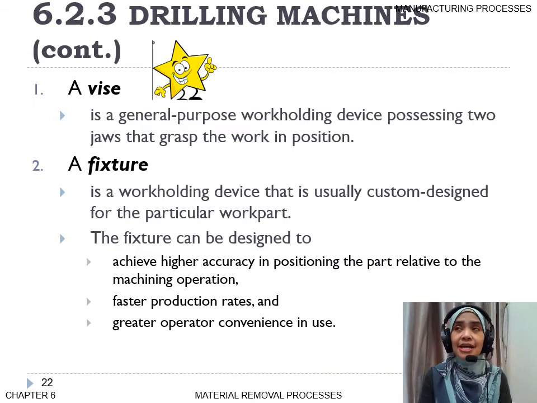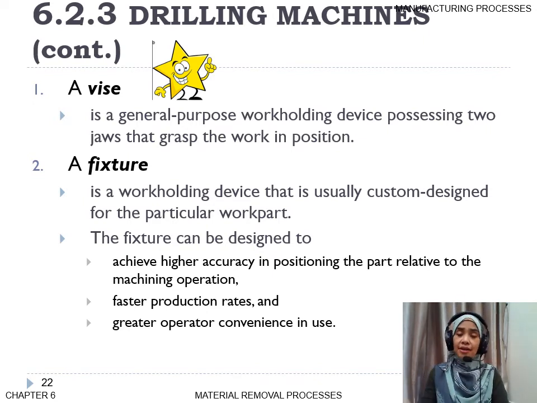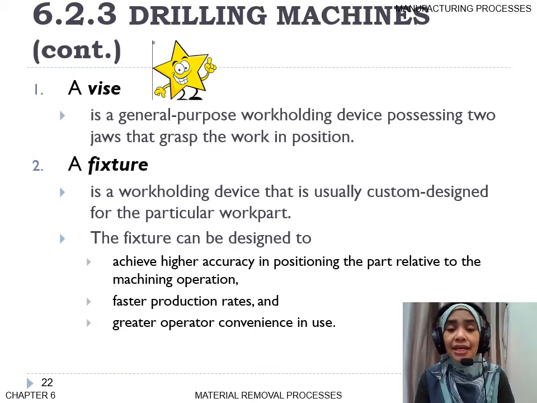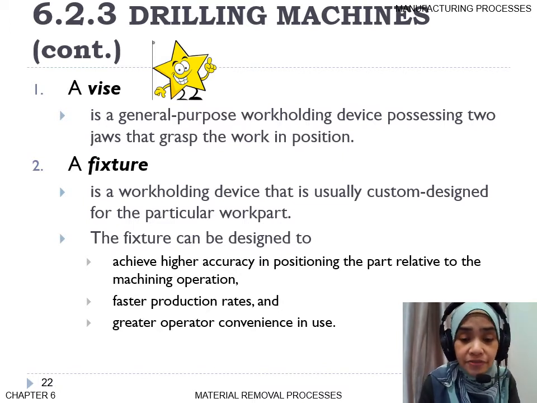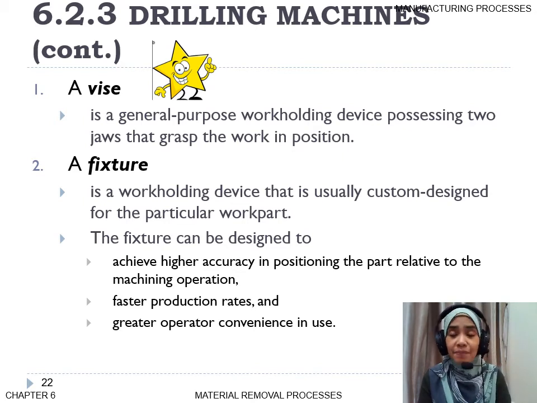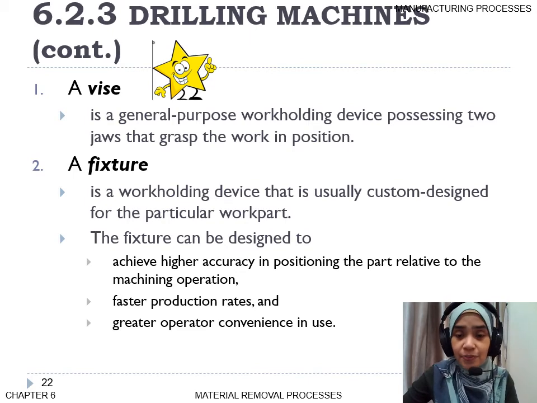Because kita nak ada higher accuracy, so that the part is in the position for the machining operation, maksudnya berada pada tempat yang sepatutnya semasa proses pemesinan dilaksanakan. And then cara kita nak ikat pun akan lagi lebih mudah, so very fast operation rates and memudahkan penggunaan di kalangan operator yang nak handle lah.